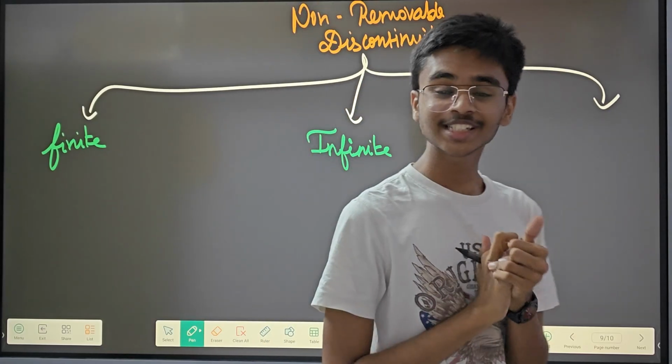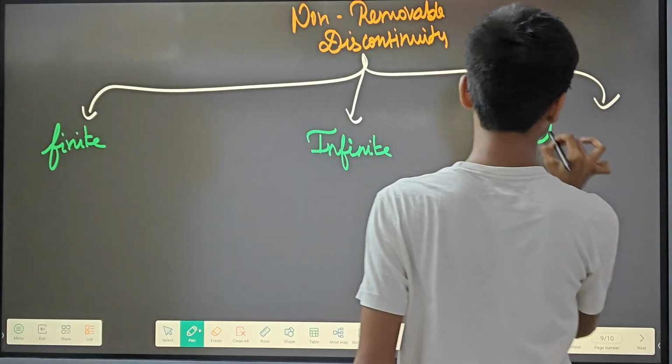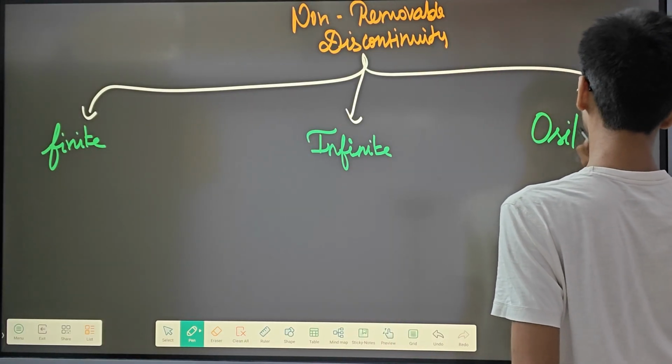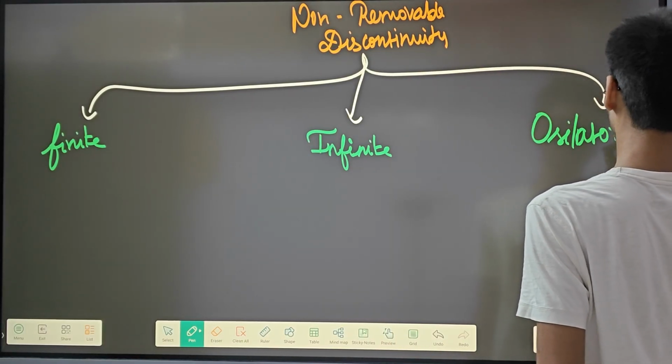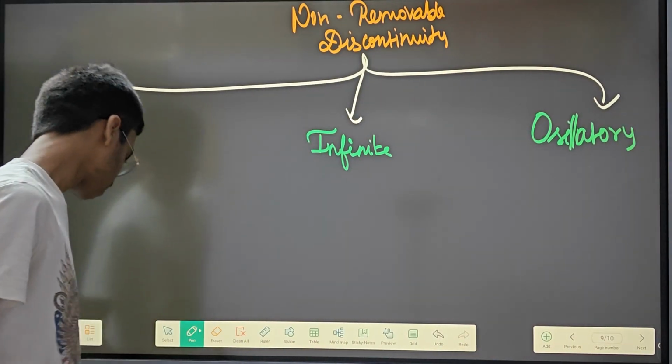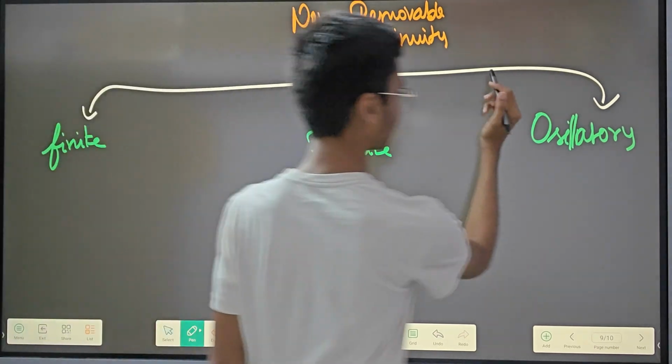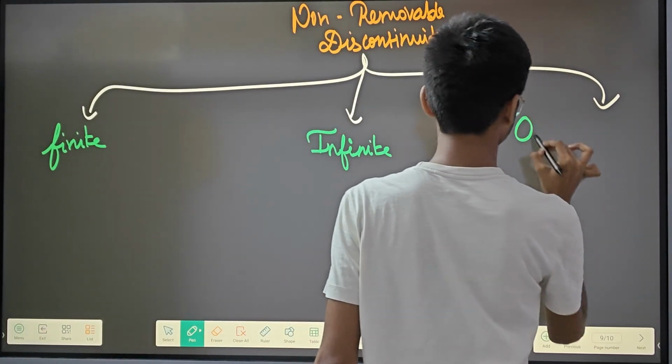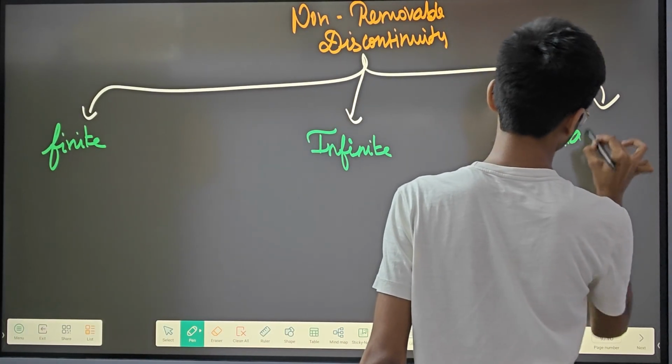Then at last but not the least, which is very important, that is oscillatory. Oscillatory, double L will be coming. Spelling is always troubling me. O-S-C-I-L-L-A-T-O-R-Y.